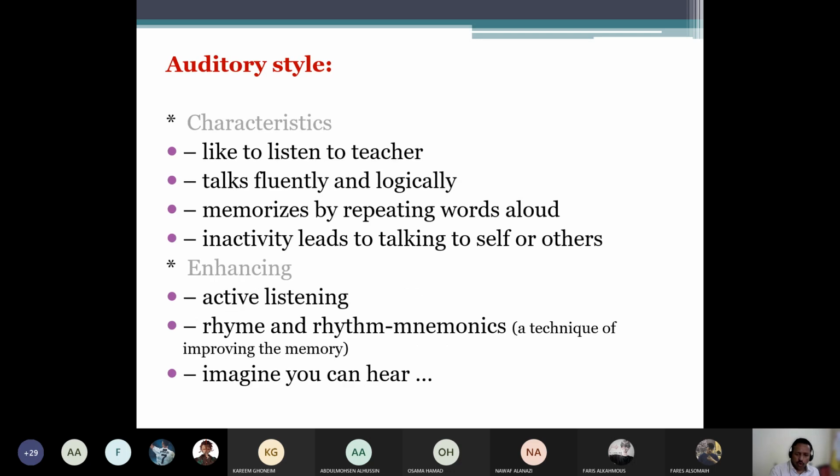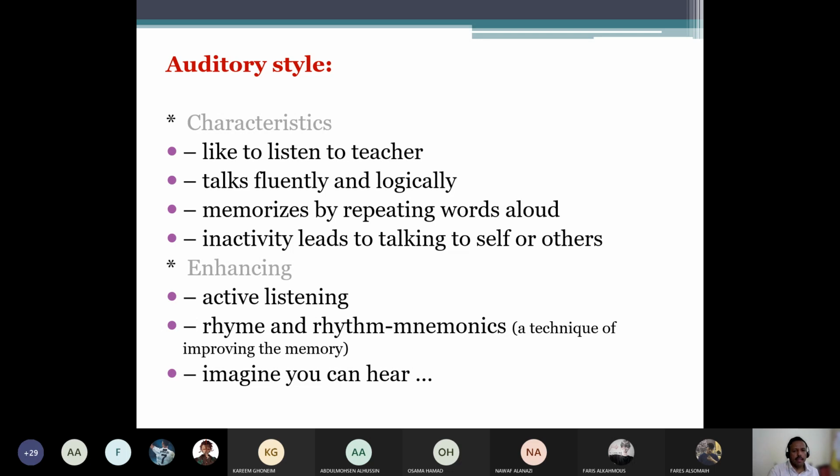Similarly, auditory learners like to listen to the teacher. So they have to attend the lectures, or you can say hear the audio tapes many times. They talk fluently and logically because they have sound in their mind or in their ears.